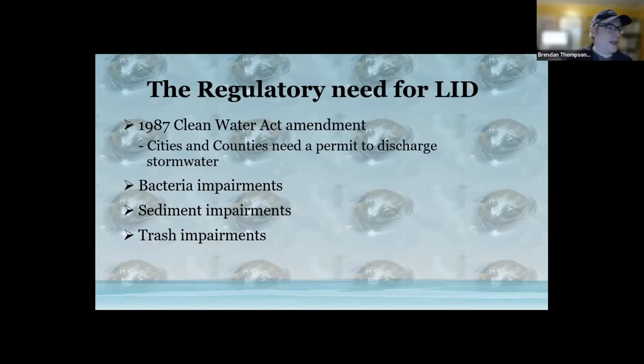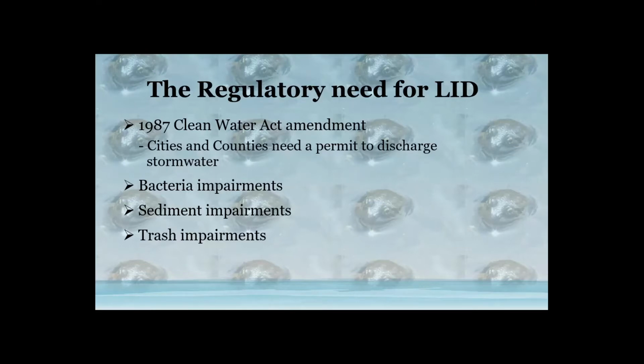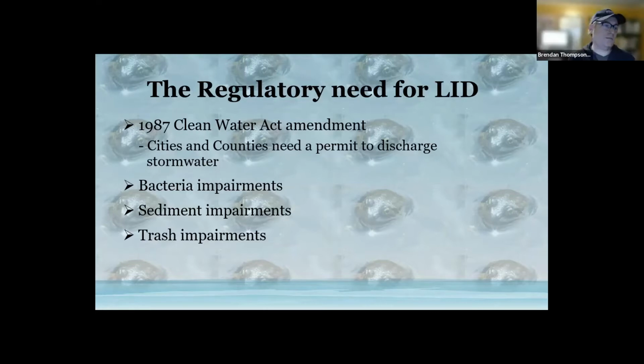In the 80s, they recognized that our creeks and rivers and other water bodies were still unacceptably polluted, and that a lot of that pollution was coming from our cities, just from stormwater runoff from our cities and our county areas. So the 1987 Clean Water Act Amendment said, hey, cities, counties, you're going to need permits to discharge stormwater, and those permits are going to come with a lot of requirements. So the need for these LID features comes out of that in part.